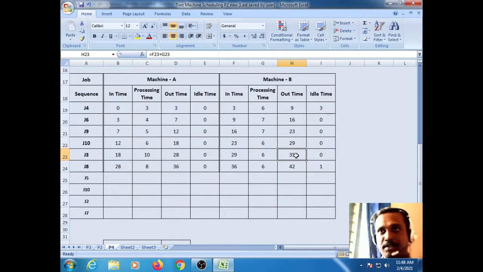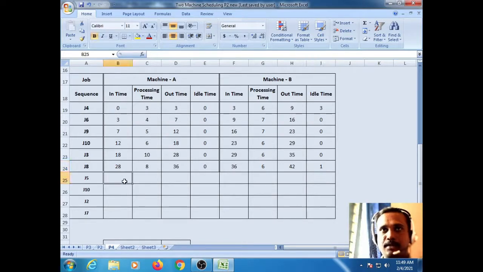The previous job was processed at the 35th hour, but at the 35th hour we don't have work to perform on machine B. Machine B got the work at the 36th hour, so it waited for 1 hour, and that 1 hour becomes the idle time for machine B.